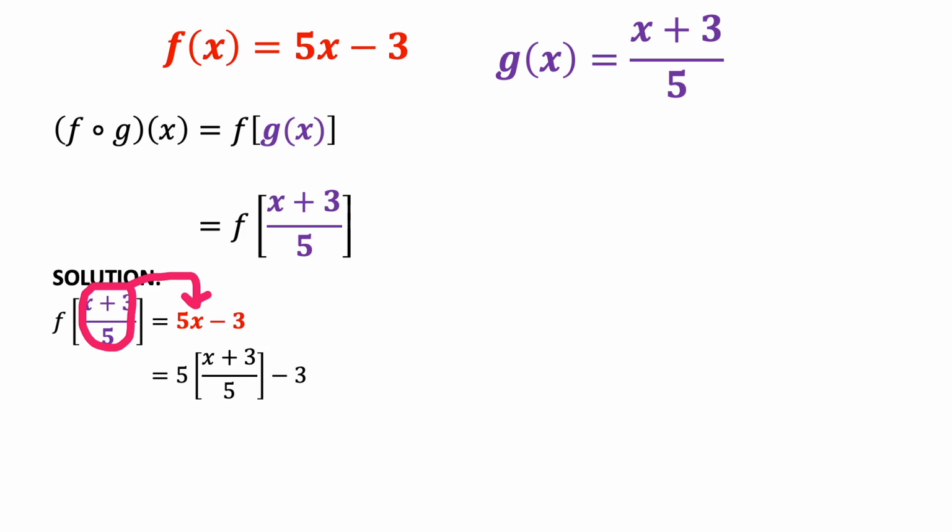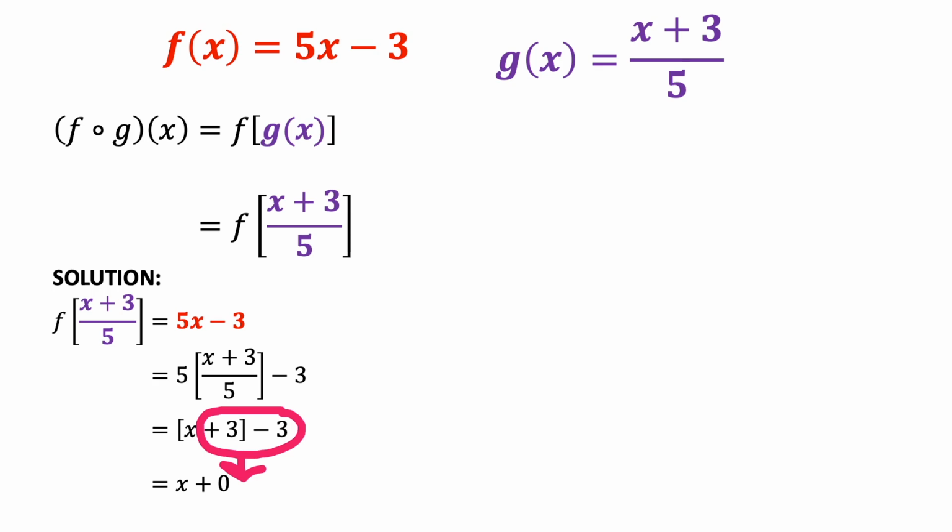Now, if we multiply 5 by x plus 3 all over 5, 5 and 5 will be equal to 1. Since 5 divided by 5 is 1, we are left with x plus 3, then minus 3. Now, combining like terms, positive 3 and negative 3 will give us 0. Therefore, f circle g of x is equal to x.